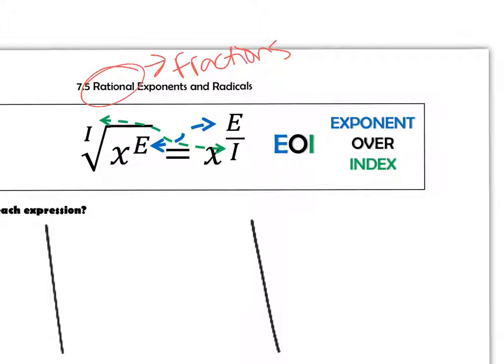But this isn't too bad. So what we're looking at is powers that have an exponent that's a fraction. Okay, so what we're interested in today is we're wanting to go back and forth between powers and a radical, and this is really, really easy to do.